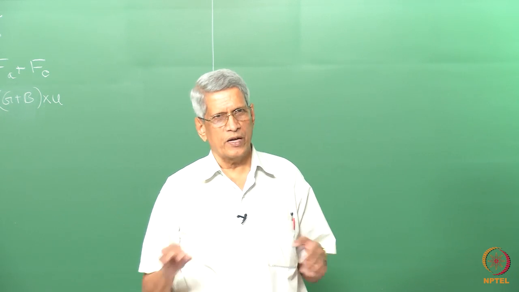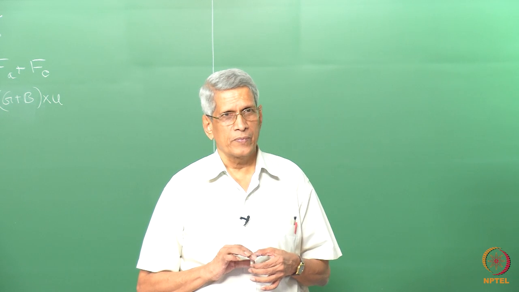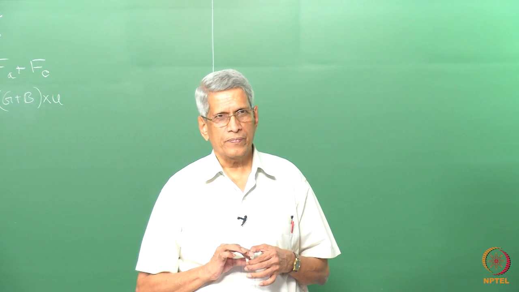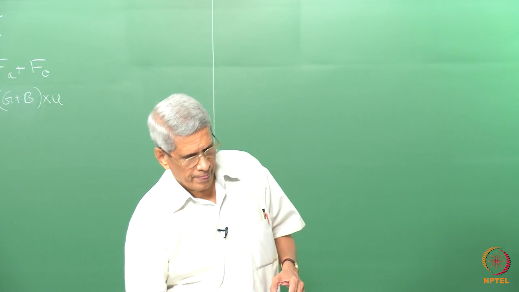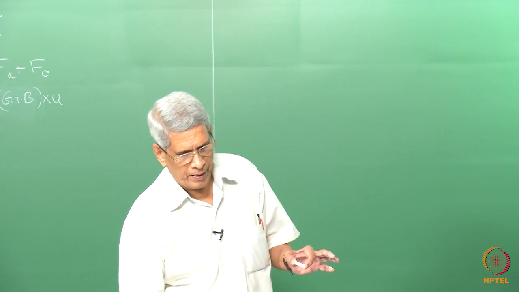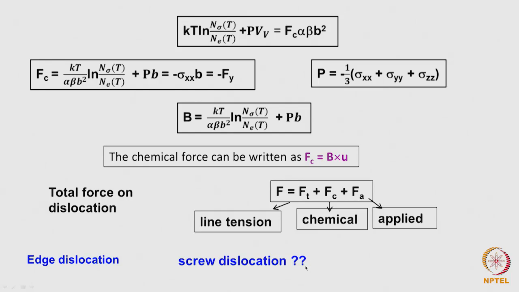It has no effect on the screw dislocation. So this one should always be remembered. On a screw dislocation, only the line tension and the applied stress will have that effect.